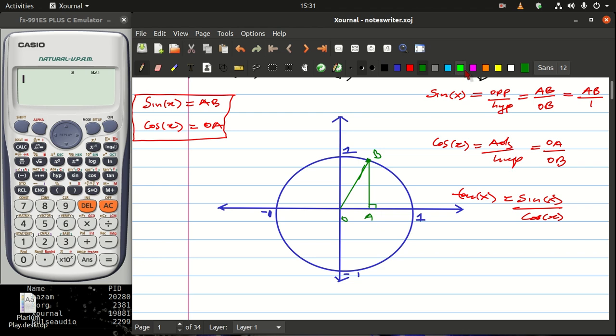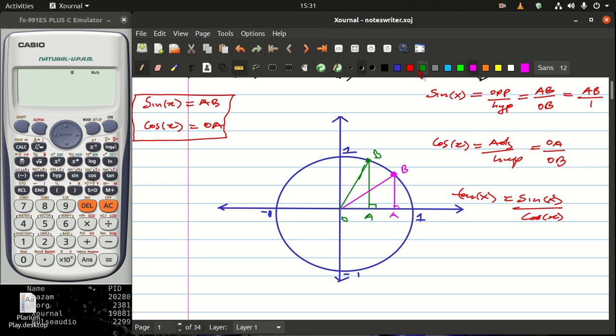But if we choose a different B, that is B now is here, we draw a line. This is my new B, and then we draw a line from the origin up until B, and after that we want to draw a perpendicular line to the axis, and that's where our A is going to be.